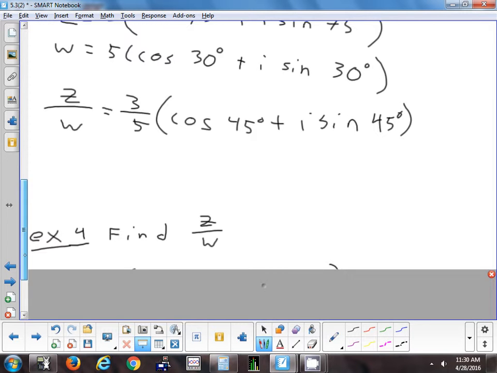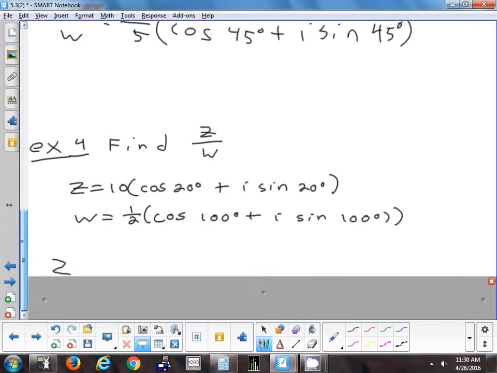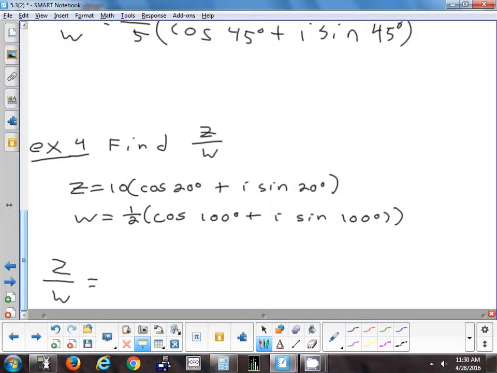All right, let's try one more with division. In this one, it says z is 10 cosine 20 plus i sine 20. And w is the complex number 1/2 cosine 100 plus i sine 100. Okay.